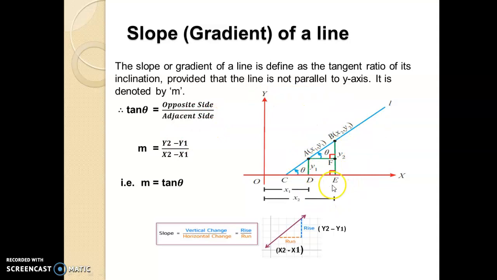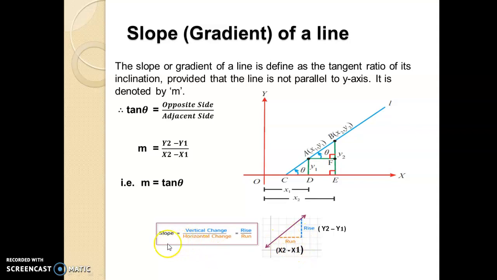So observe this diagram. This is a point A of (x1, y1). This is point B of (x2, y2). Now this is the inclination theta, and in this triangle this side is the opposite side and this side is the adjacent side. To find the difference between the two points, in this diagram y2 minus y1 is the difference of the coordinates, and x2 minus x1 is also a difference.